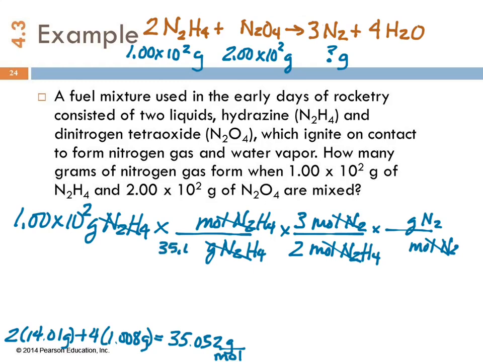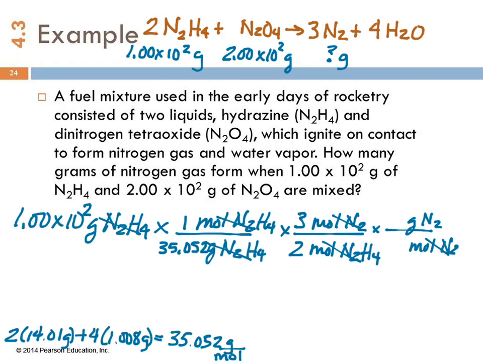I prefer not to round those molar masses here unless they get really, really long, but they rarely do. That little 2 isn't hurting anybody, and we'll get the right number of significant figures back in the end.